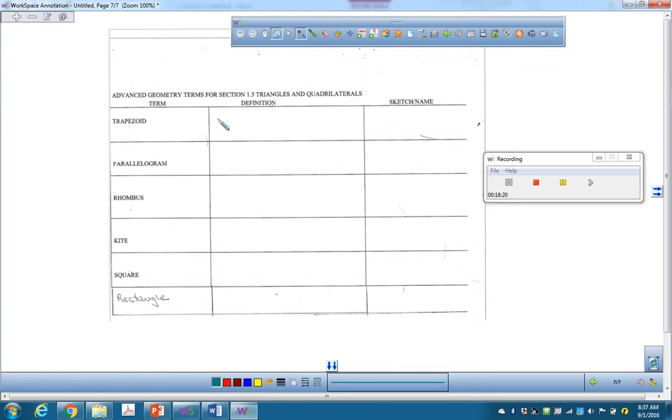So you can stare at parallel sides, right? A trapezoid is a quadrilateral with 1 pair of parallel sides. Sorry, my writing's not that great.